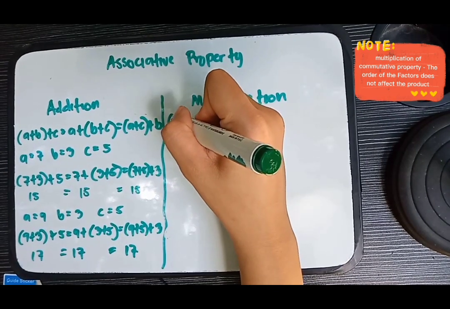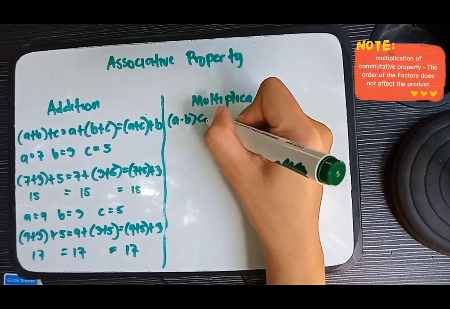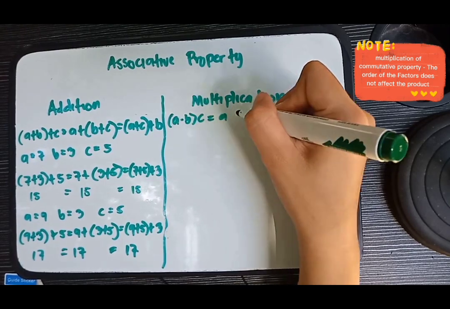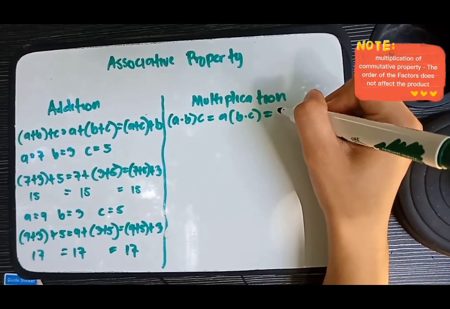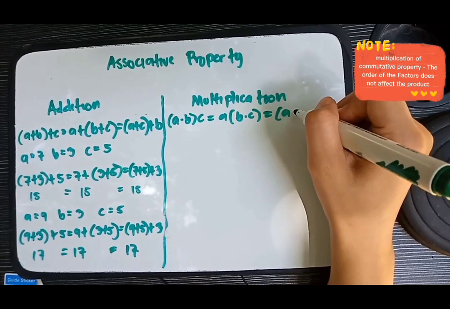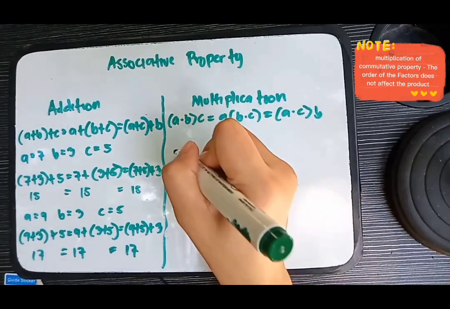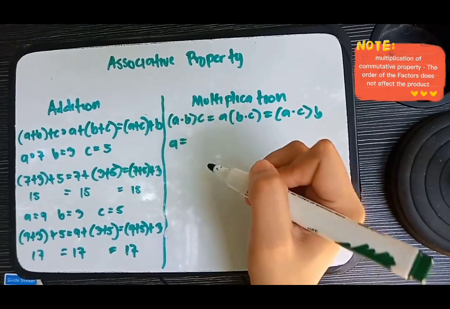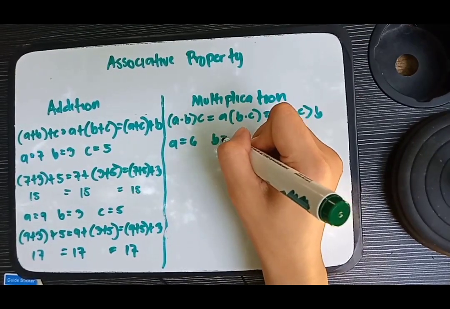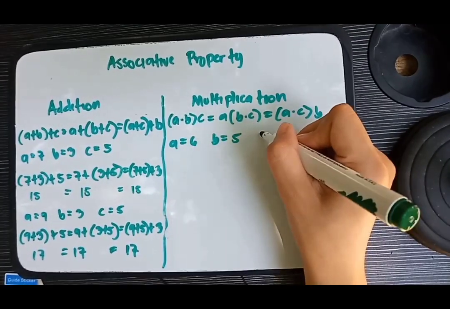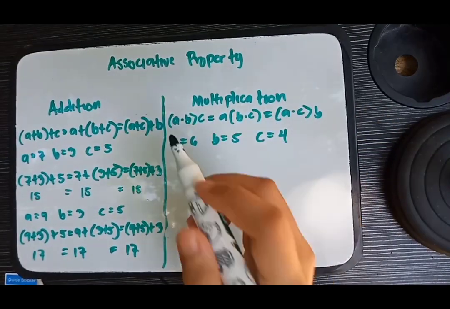Multiplication of associative property naman, the grouping of the factors does not affect the product. So, let's say we have here A times B times C is equal to A times the quantity of B times C, equal to A times C times B. So, let's say we have A is equal to 6 and B is equal to 5 and C is equal to 4.